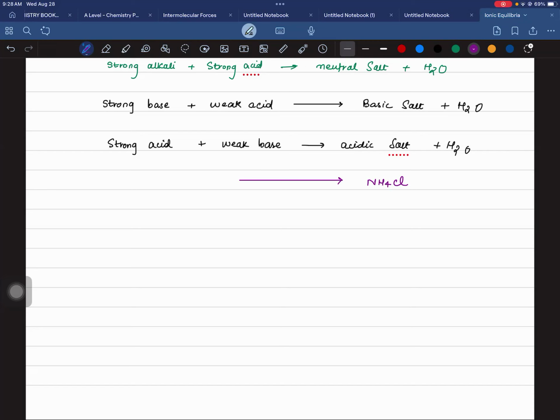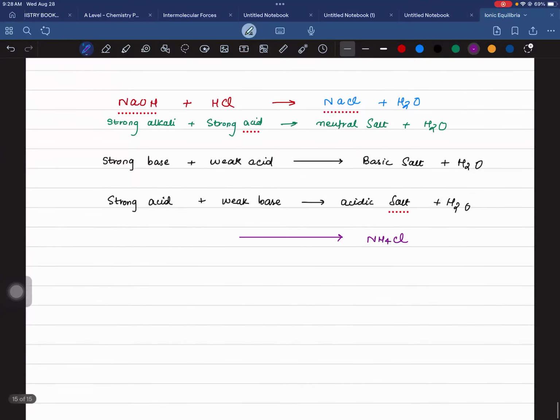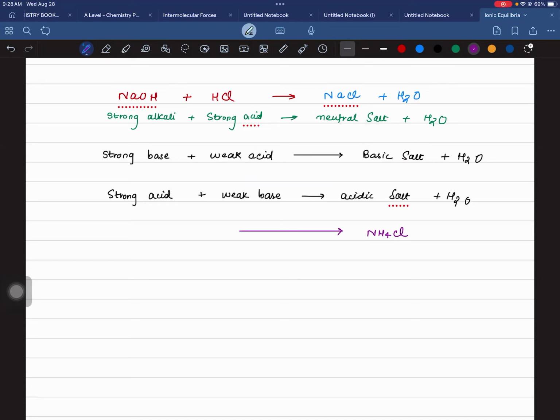Yes, acidic salt. How can you say that this is an acidic salt? Yes, Kashaf, can you tell me?